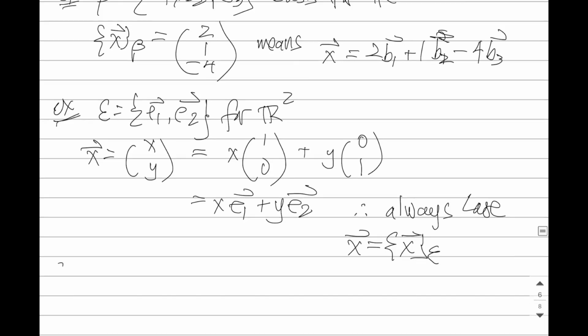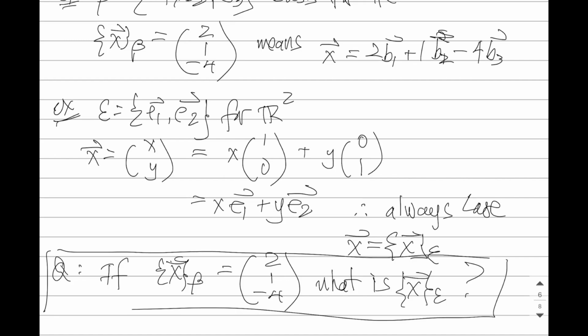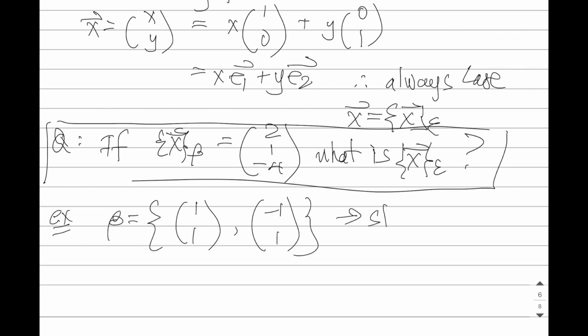But the real question that we want to answer is, if I give you this set of coordinates [x]_B, and I tell you, again, (2, 1, -4), what is this in standard basis? How do I convert between different bases? Put it a little bit more concretely, let's say I give you 2 separate vectors, b1 = (1, 1) and b2 = (-1, 1). You can easily show by putting this into a matrix that B is a basis for R2.